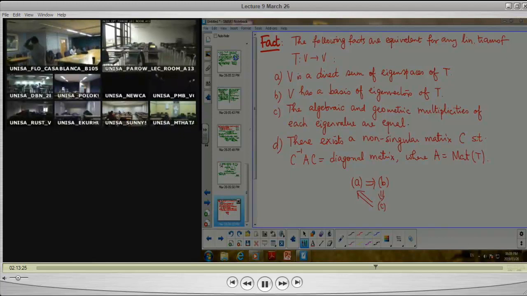Okay? So this is all the story about diagonalization, eigenvalues, and eigenvectors.